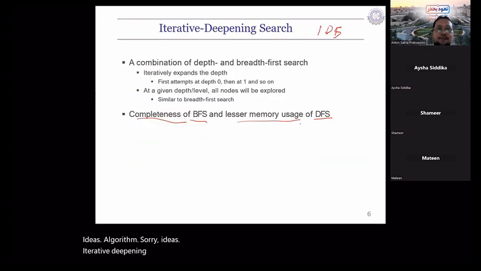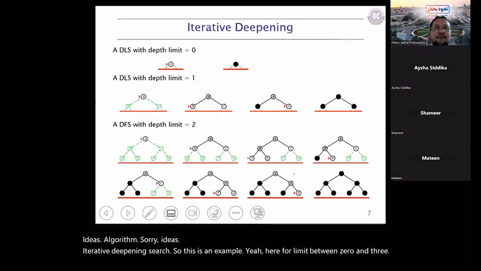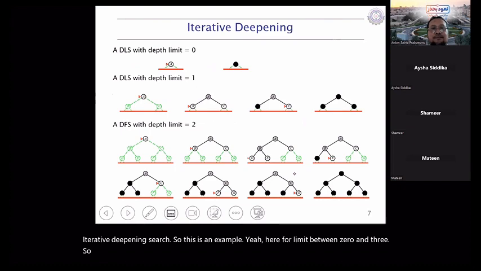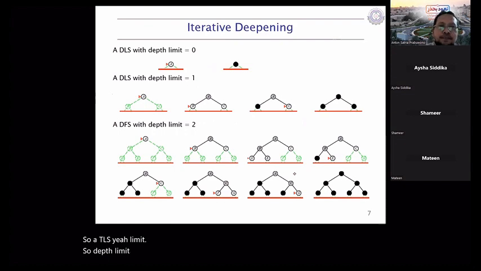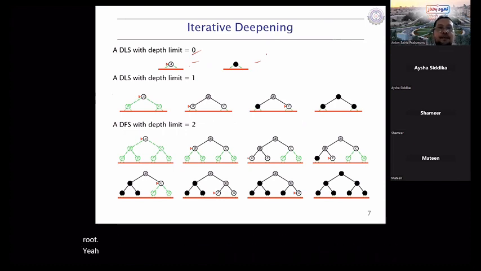So this is an example for limit between 0 and 3. DLS with depth limit 0 is only the root. DLS with depth limit 1 is the root and its children, the branches.